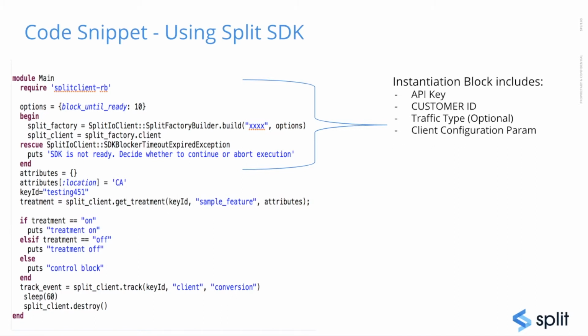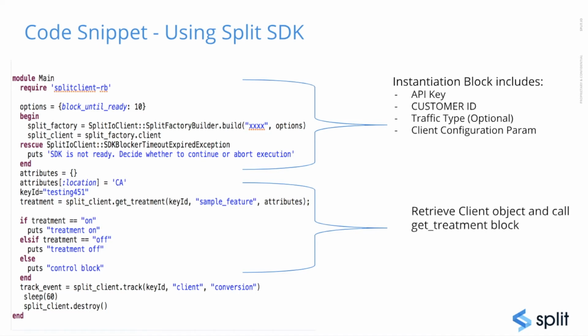Now, once we have the client object, we can generate the treatment, which usually happens from the client object as well. Once we generate the treatment, we can actually create the event. Now, generating the event is not necessarily tied to a treatment.